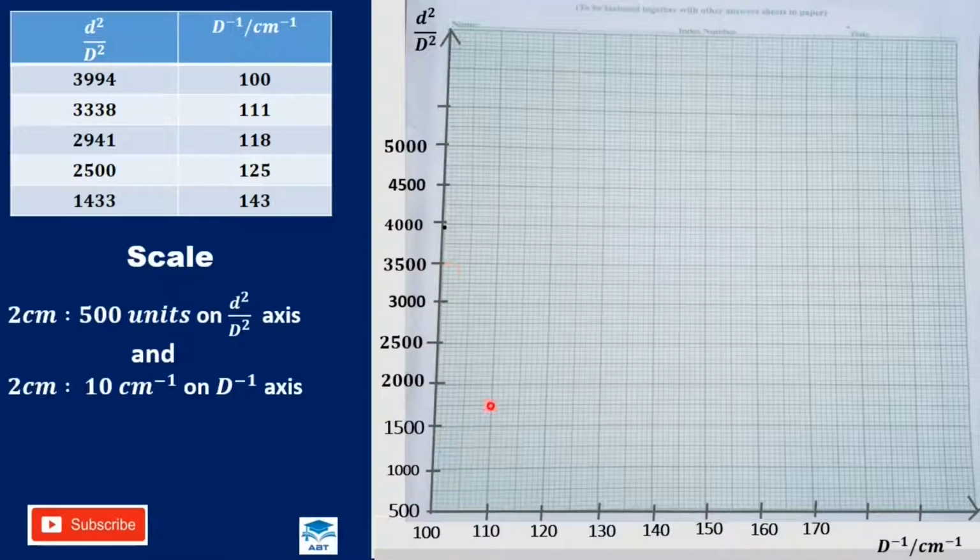For the second point, on the horizontal axis, this is 110. So when we move one box to the right, it is 111. On the vertical axis, this is 3000. When we move 6 small boxes up, it is 3300. So 3338 will be within the 7th small box.